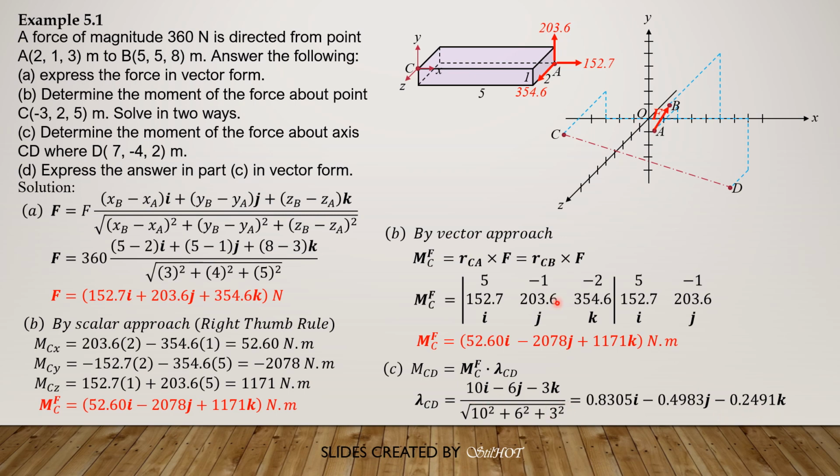Where lambda of CD, or CD, is D minus C, so 7 minus negative 3 is 10, that's why we have 10i here. Negative 4 minus 2 is negative 6j, then 2 minus 5 is negative 3k, and this is the square root of the sum of the squares of the components above. So that's lambda of CD. So substitute.